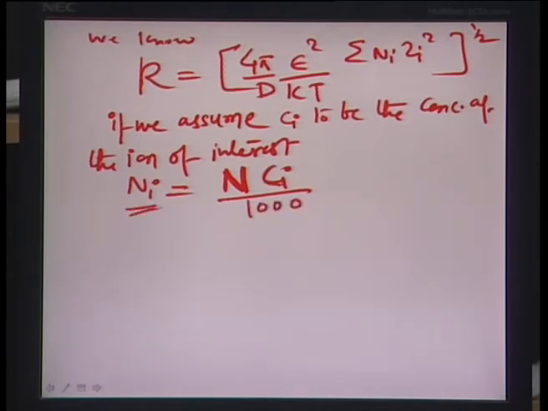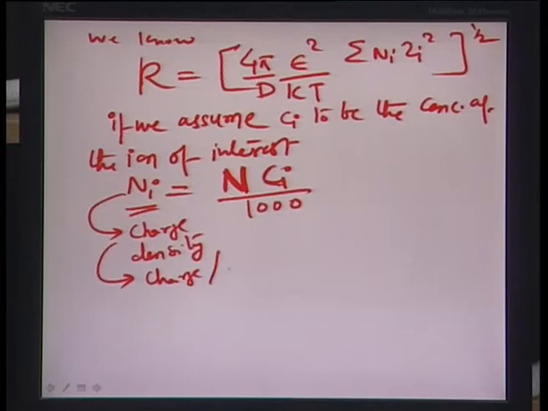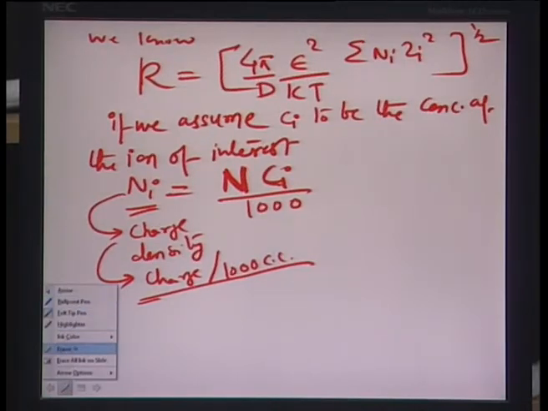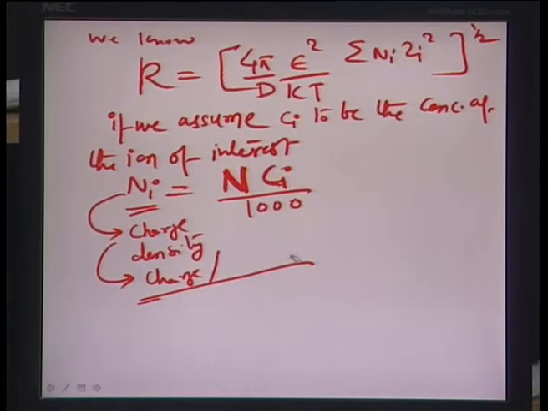Ni, if you recall from earlier, was the charge density, that is, charge per unit volume, and since we were talking about CGS units, charge per centimeter cube of volume.